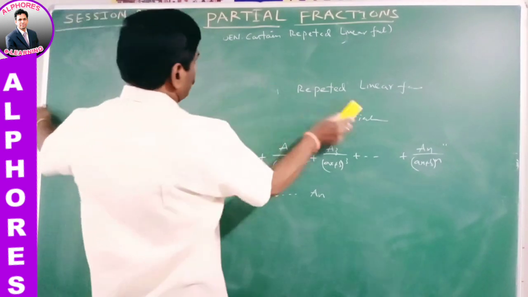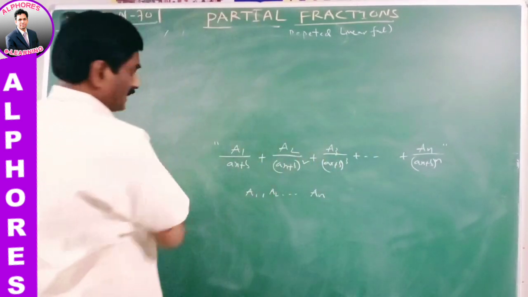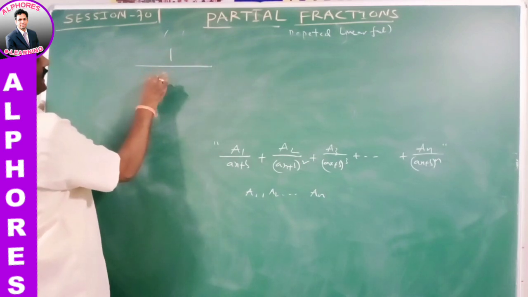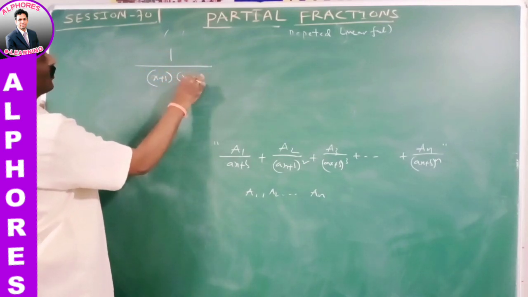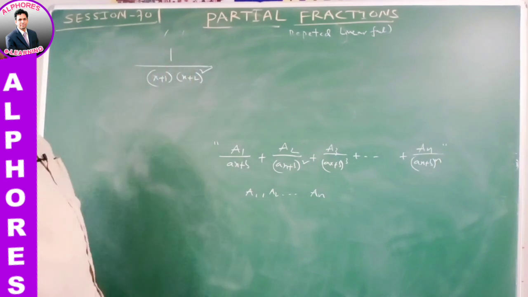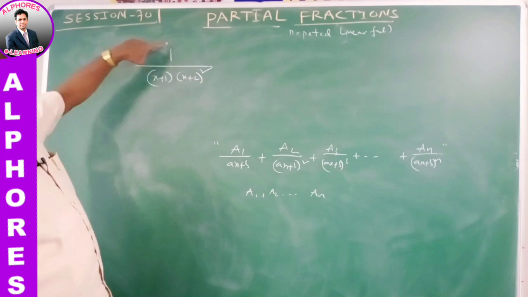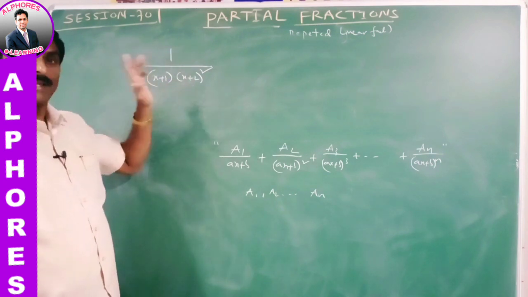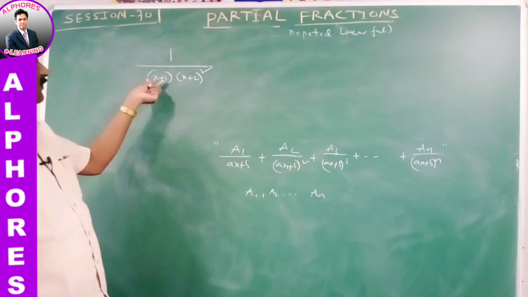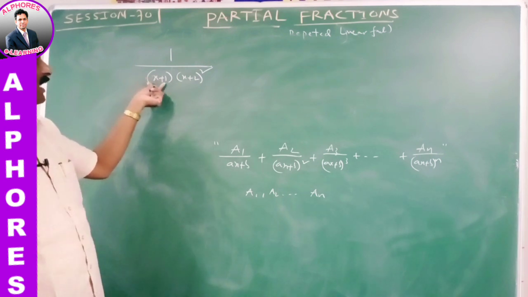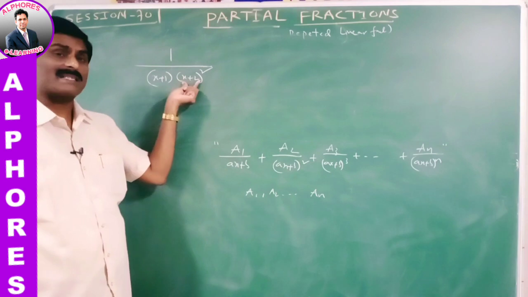For example, the question is in this way: 1 by x plus 1 into x plus 2 whole square. Please observe this rational fraction. Numerator degree is 0, denominator degree is 3. So it is proper. Here x plus 1 is non-repeated. X plus 1 appears only one time. X plus 2 whole square means x plus 2 into x plus 2.